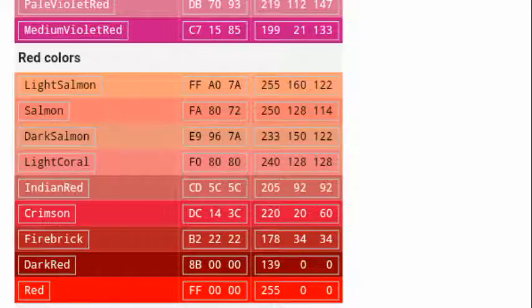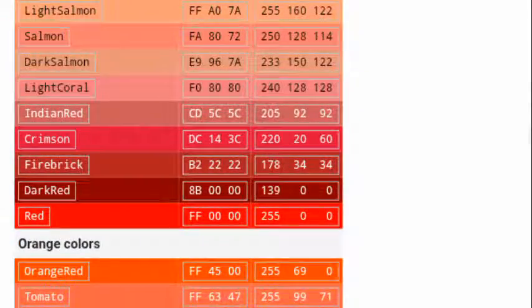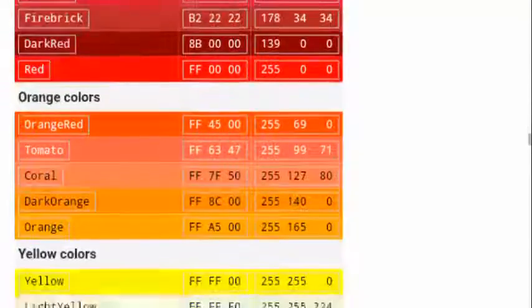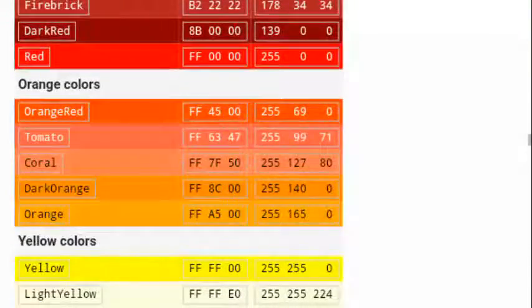And it continues like this. These are different types of red. You can be a red salmon, light salmon, dark salmon, Indian red, crimson, fire brick, dark red, red, whereby there's no blue, there's no green. So these are different reds, and these are different oranges. So you can see in orange, red is still the dominant color.